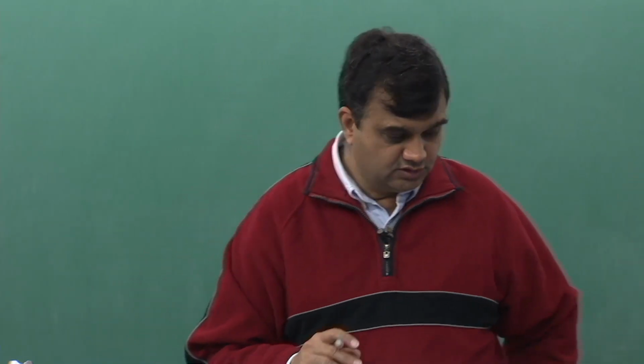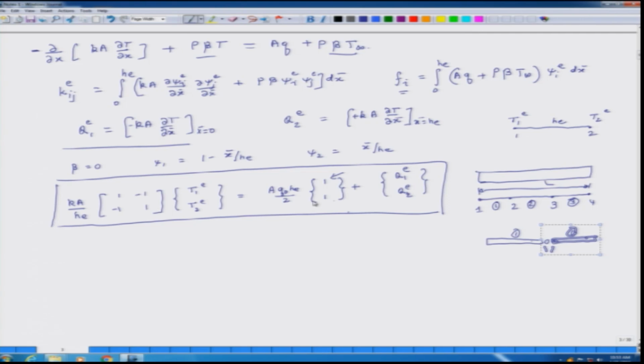So, if I do all that, my overall equation, not at the element level, at the assembly level, it becomes Ka over He times [1 -1 0 0; -1 2 -1 0; 0 -1 2 -1; 0 0 -1 1].